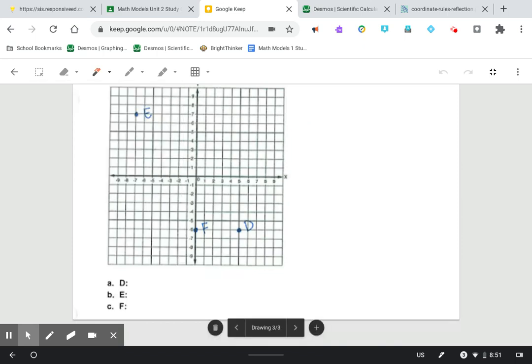Start with point D. D has a value of 5 on the x, and then -6. So that's how we're getting that. Point E has a value of -7 on the x, +7 on the y.